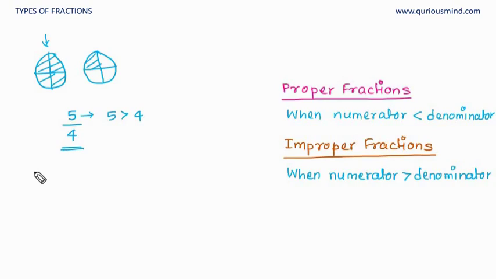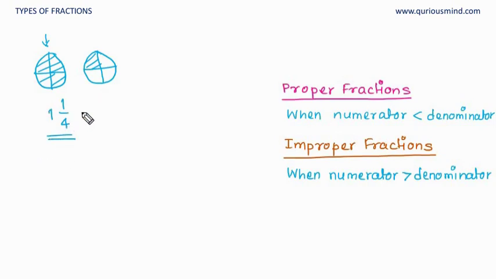Let's talk about one more type. This improper fraction, can I say that I have got one whole and 1 out of 4? 1 whole and 1 out of 4. That seems to be correct.